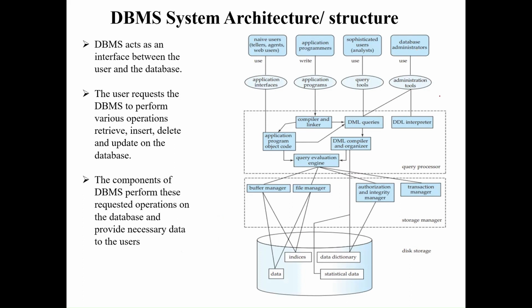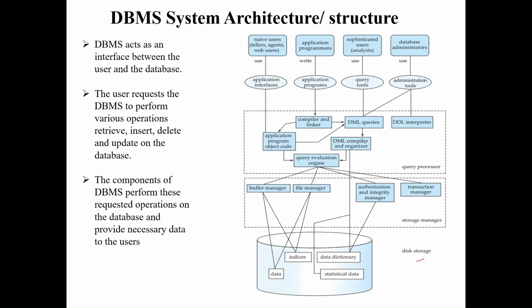DBMS consists of query processor, storage manager, and disk storage, where the database management system allows us to create the database for any enterprise or organization, like a hospital management system, bank management system, hotel management system, or library management system. As a user, we access the database through various application programs.